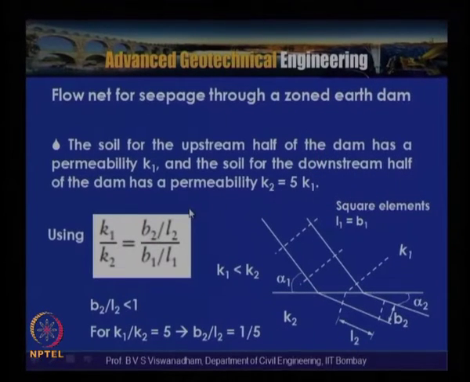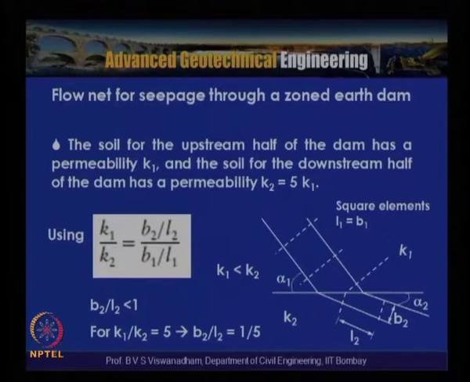So the flow net for seepage through a zoned dam, we have discussed as a general example, but now with reference to an earthen dam, the soil for the upstream half of the dam has a permeability K1, and the soil for the downstream half of the dam has a permeability, say, K2. In this example it is given that K2 is equal to 5 times K1.